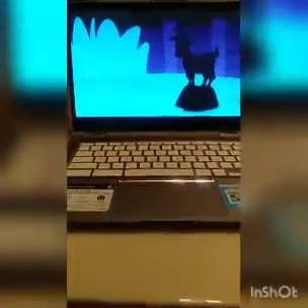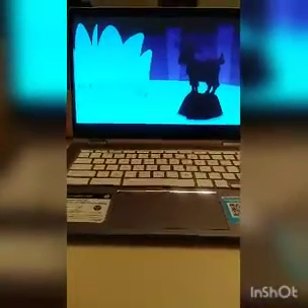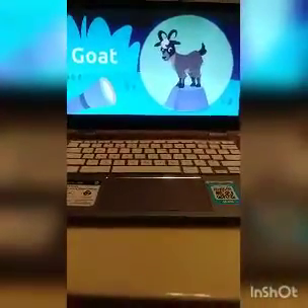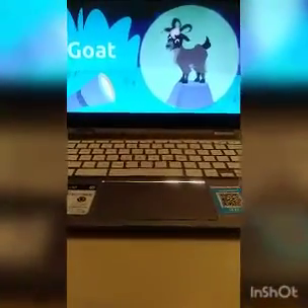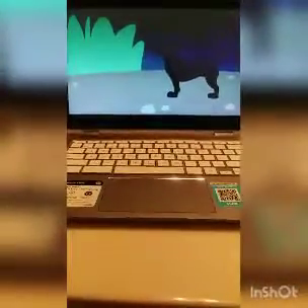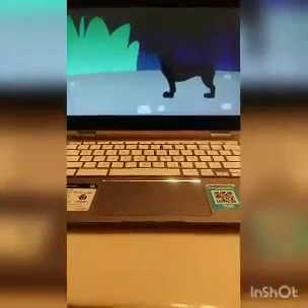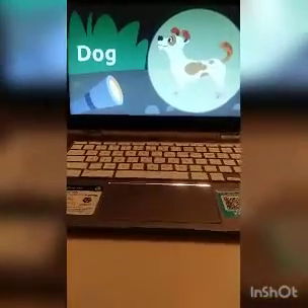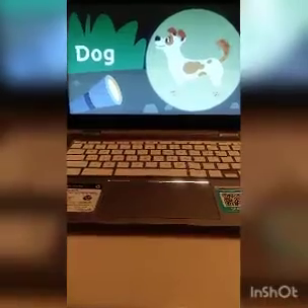Let's see what other animals there are. It's a goat. Goat. Goats have horns. And this is a silhouette of a dog. Dog. Dogs are humans' best friend.